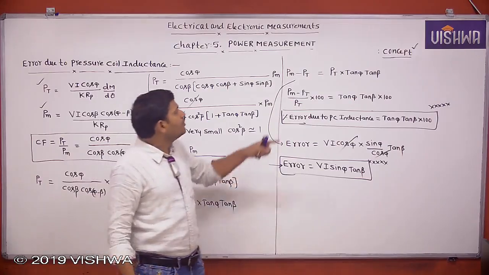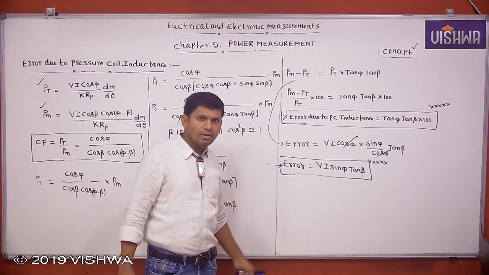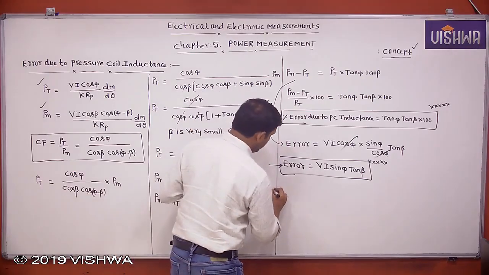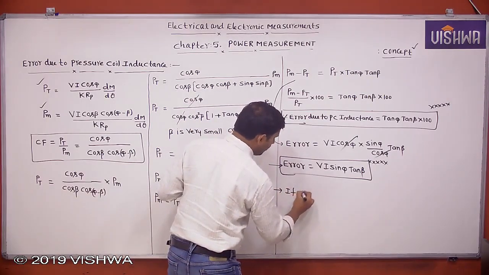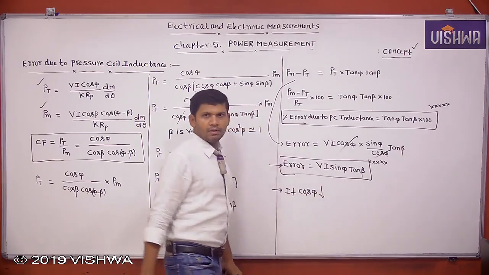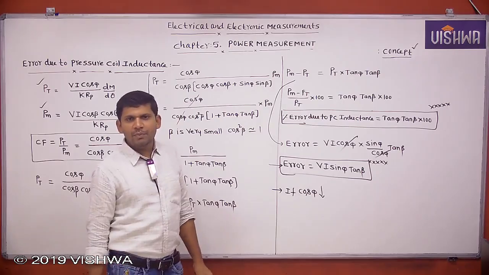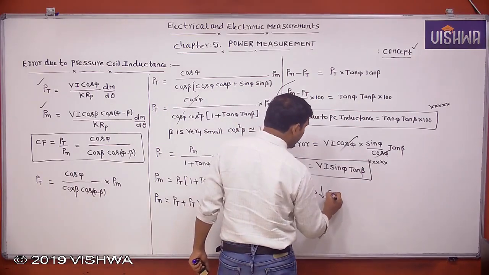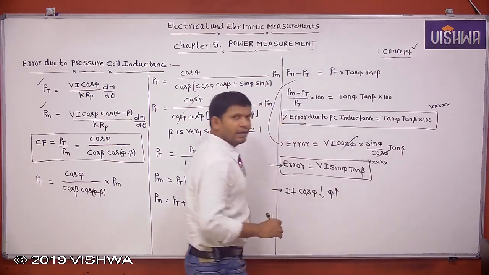I am simplifying this one. But here I want to write one statement. If the power factor is reduced, that is, if the power factor is low, what happens to φ? It increases.